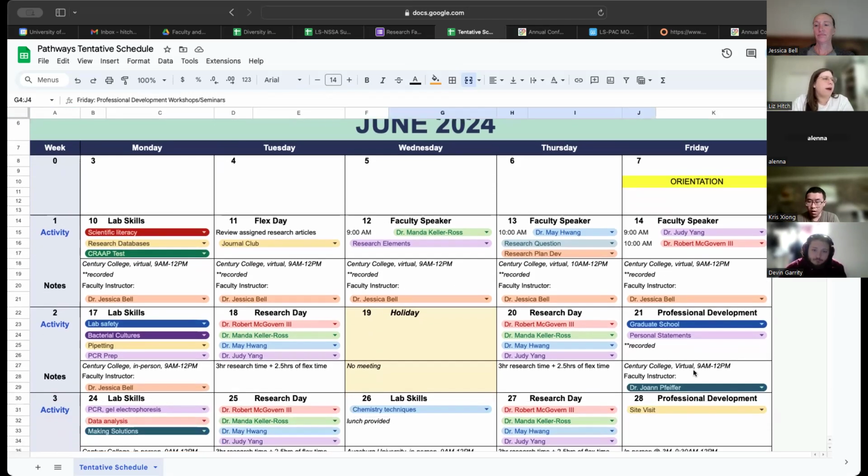As a reminder, the time commitment for the program is 20 hours per week. The 3 hours that we've blocked off for each day only add up to 15, so that leaves 5 additional hours of flex time.